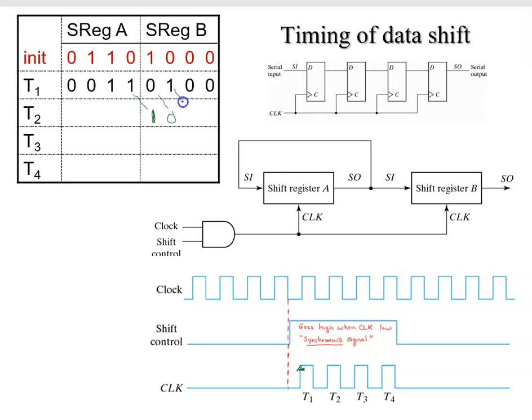So we get a 0, we get a 1, we get a 0, and we also have the output of register A is coming back around to the input of register A. So this one is also coming back around here. So this one is going here, and then we have a 0, 0, 1.